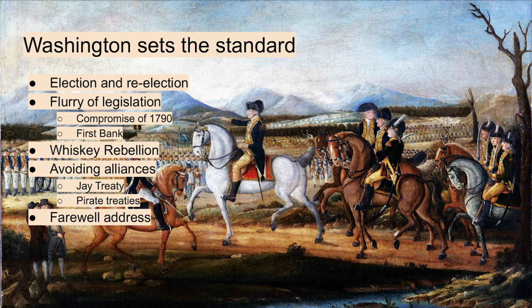So, Jefferson and James Madison come to negotiate with Alexander Hamilton, and they come to a compromise and allow Hamilton to create a national bank at the same time as putting the capital in the South, right there on the border between Virginia and Maryland.